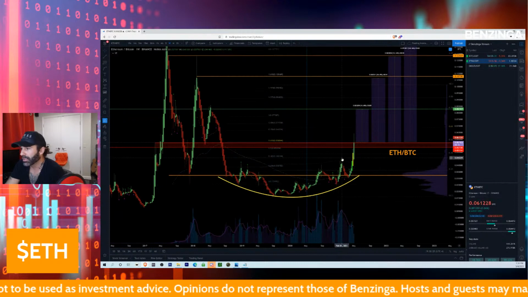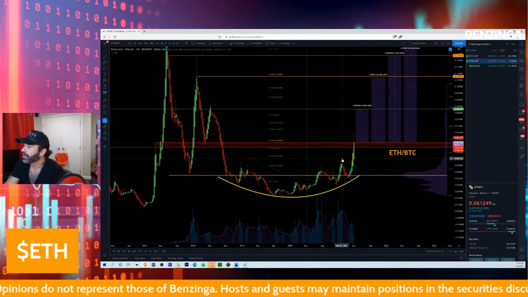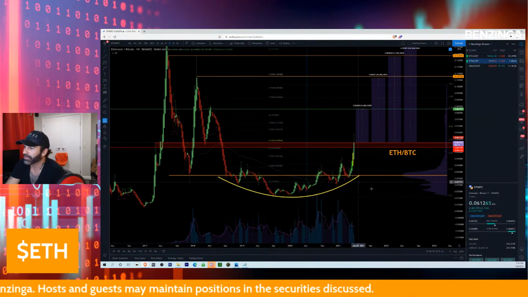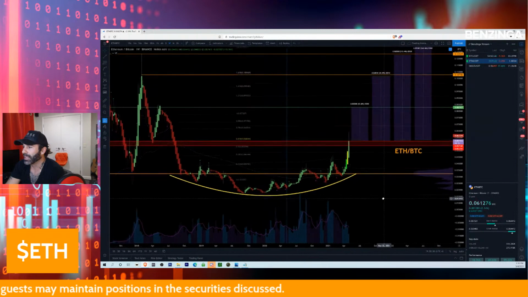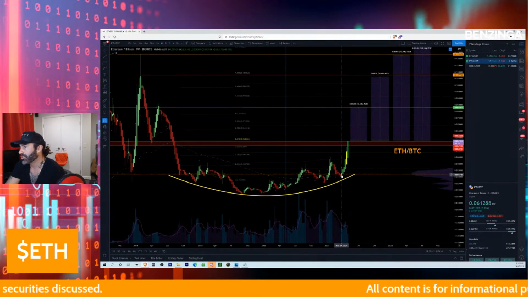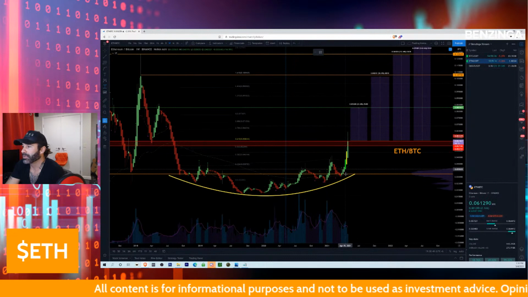We sprung above the old neckline, above old resistance. We came back down and we tested old resistance as support. And if you're looking at Ethereum from about March 29th, after we got that retest, it's been straight up. And this is on a weekly chart.